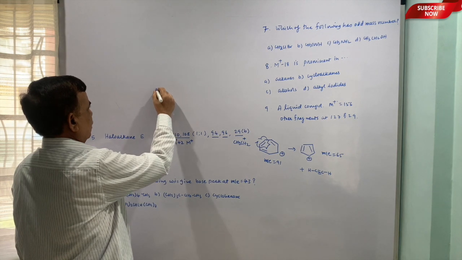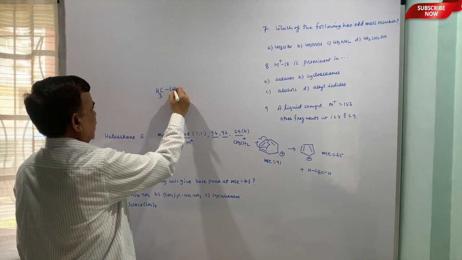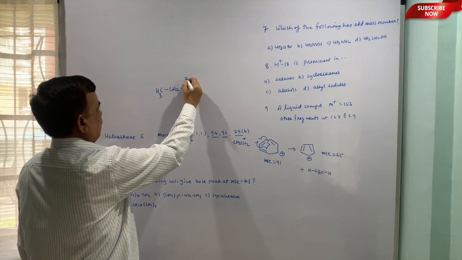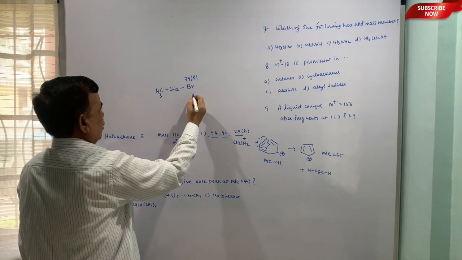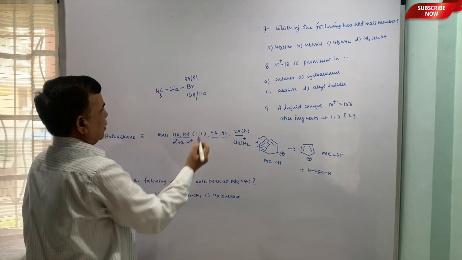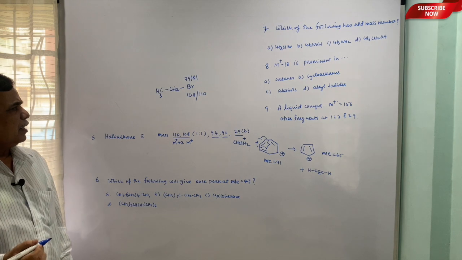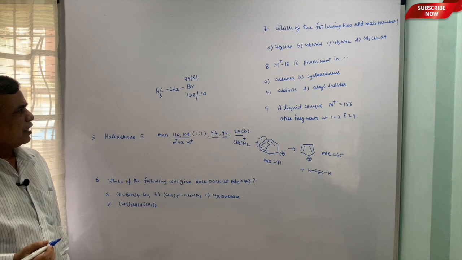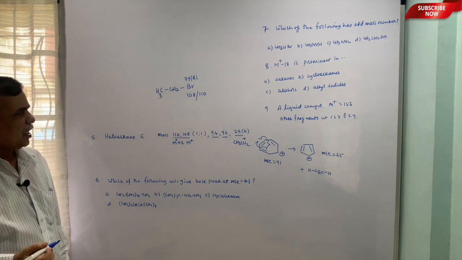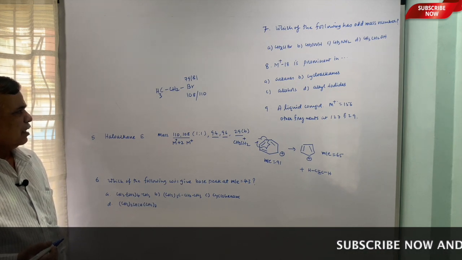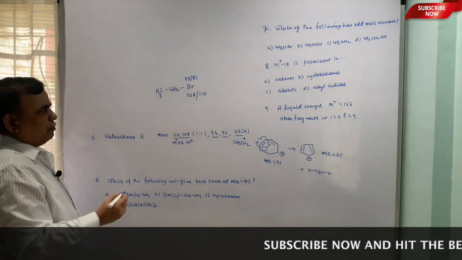If we put the things together, 79 or 81, accordingly mass will be 108 or 110. So 79 plus 29 is 108, 81 plus 29 is 110. 94, 96 is the loss of methyl.